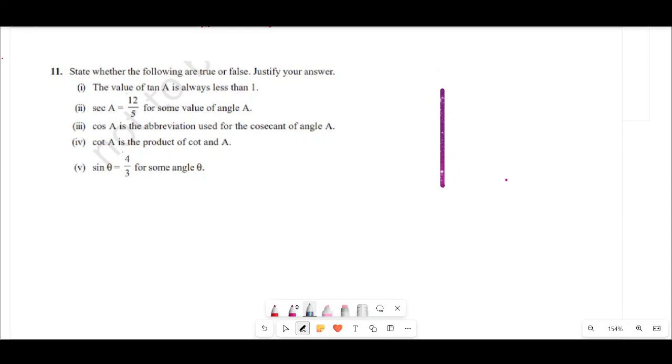Clear? Suppose this is 3 and this is 4, then it will be 5. Clear? We know the value of tan is always less than 1.